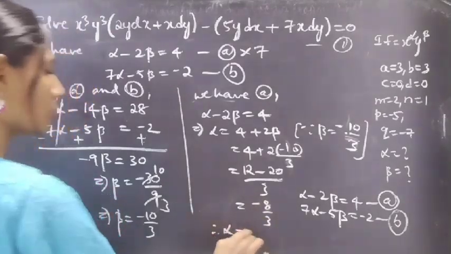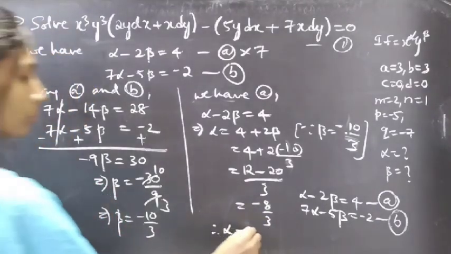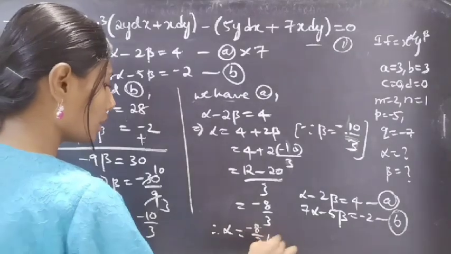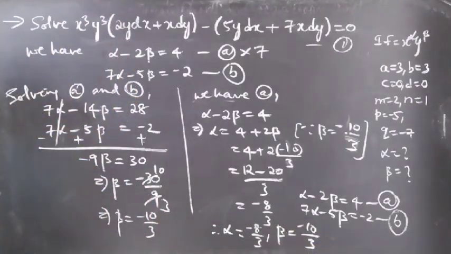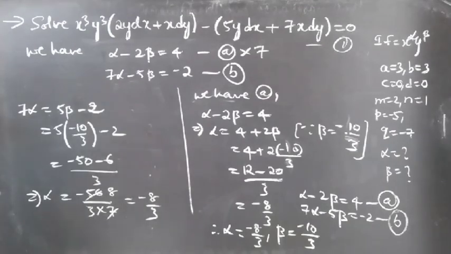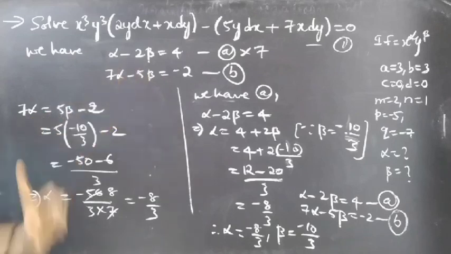Therefore, alpha equal to minus 8 by 3 and beta equal to minus 10 by 3. You can also substitute the beta value in equation B to find alpha. You'll get the same answer.